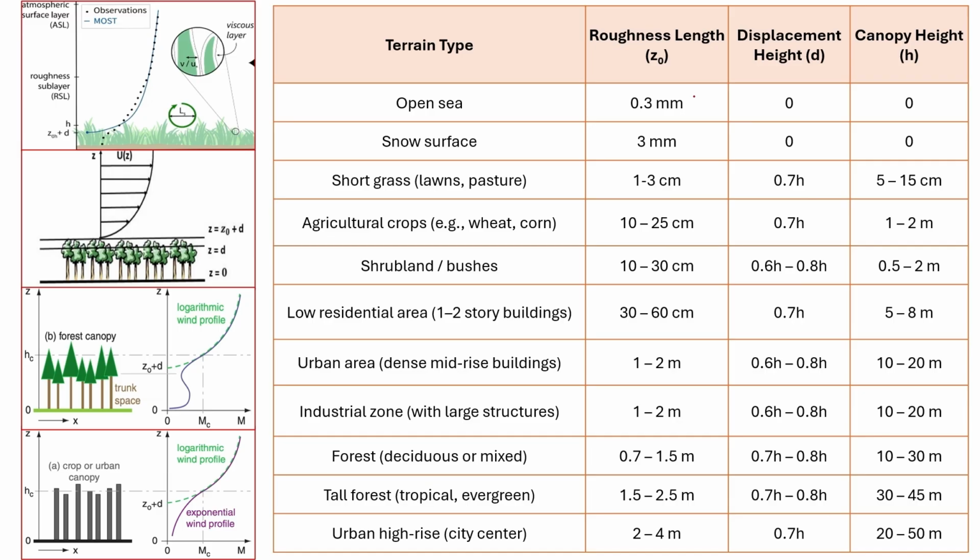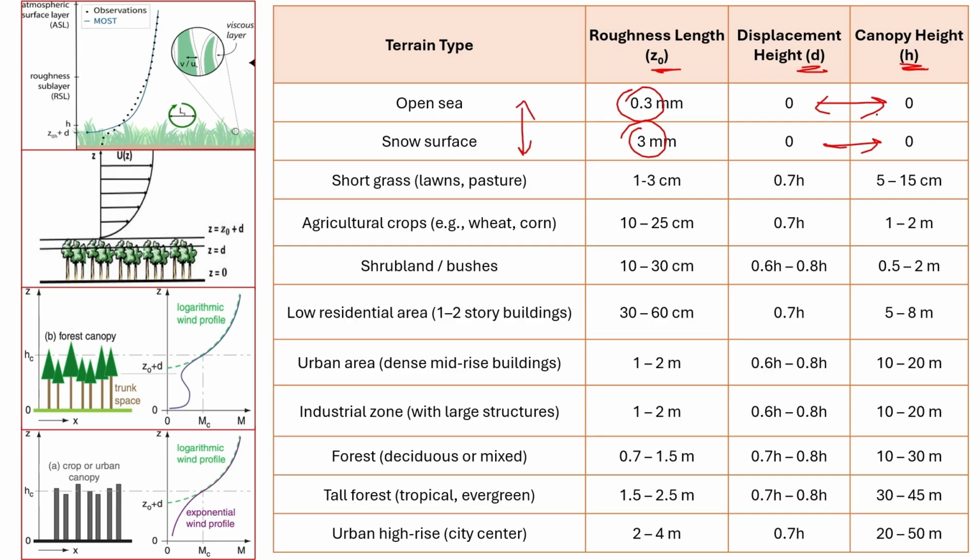Then here we have discussed the different canopy heights, also the D and Z0 values. For the sea, snow surface and so on, there is no canopy, there are no obstacles. So the D, H, everything is 0. But still, due to the surface, there is flow near the surface, so there will be some friction. So we will get the Z0 alone near the sea and open surface.